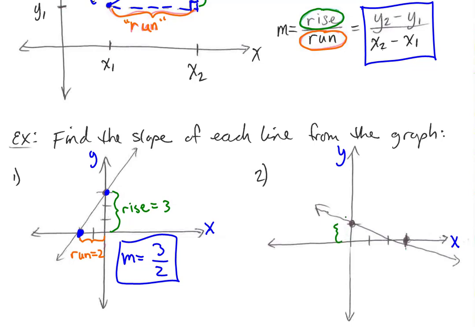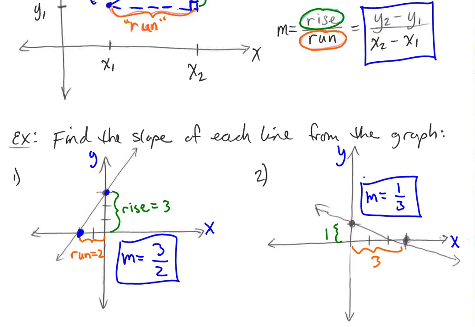The rise would be just 1 unit going up to the y-intercept, and the run would in this case be 3 units going over from the origin to the x-intercept, which means we could say slope m equals rise over run, that's 1 over 3. So our slope would be 1/3.